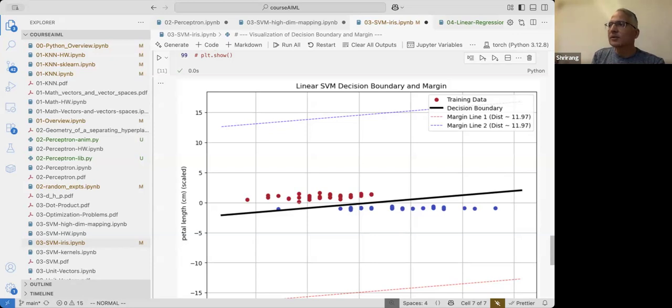When you get your test data, depending on what value of C you have, you're going to get different accuracy results on that test data. So now you've got to play that game: how do I experiment to get C, but I don't want to use my test data to figure out C. How we do that, we'll talk about tomorrow.